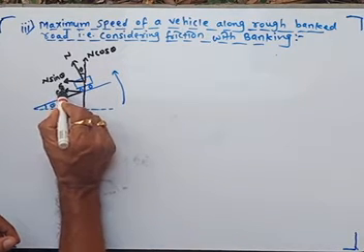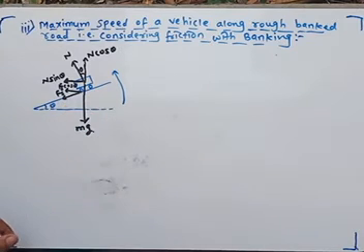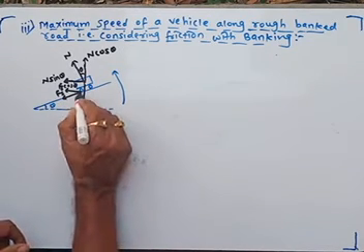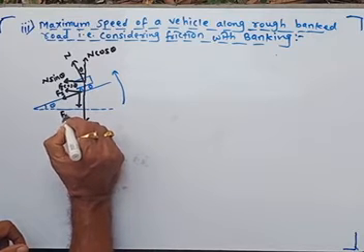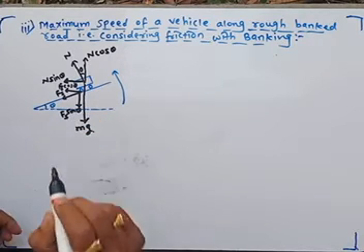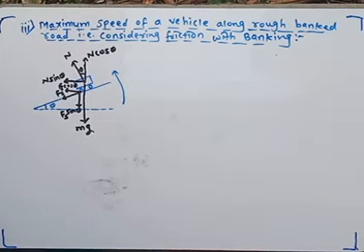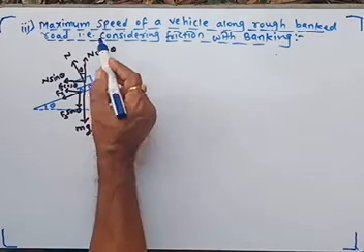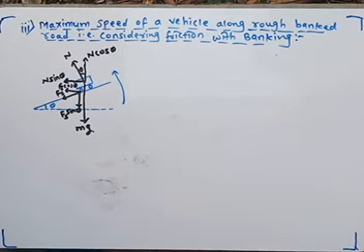Fs cos theta is horizontal component, and Fs sin theta is the vertical component. Weight mg acts in downward direction.